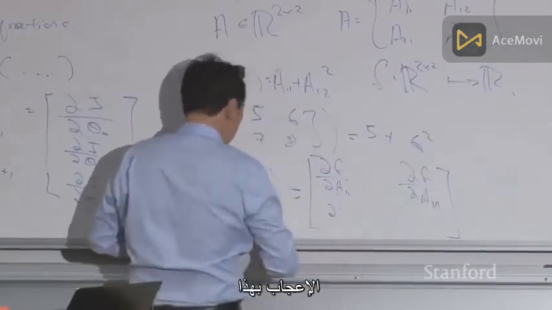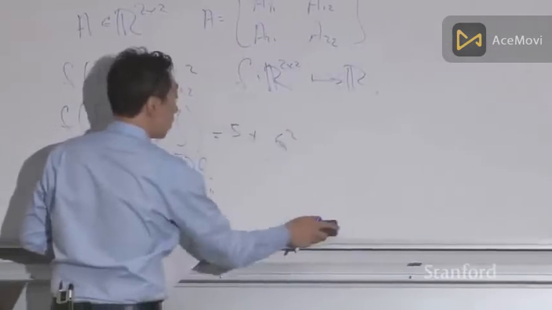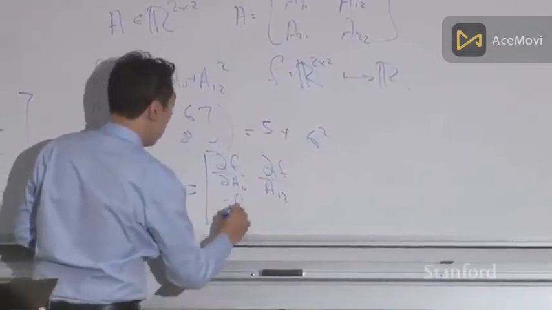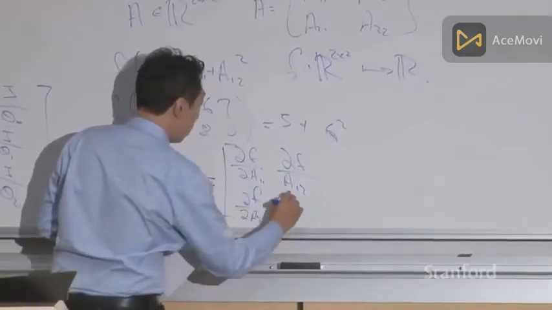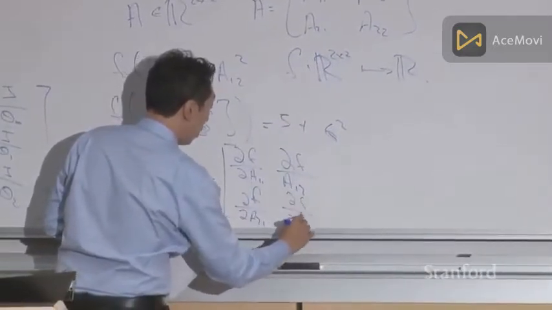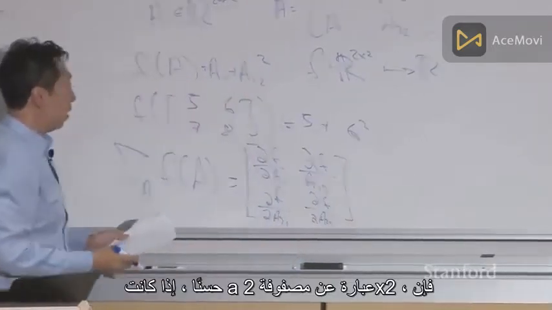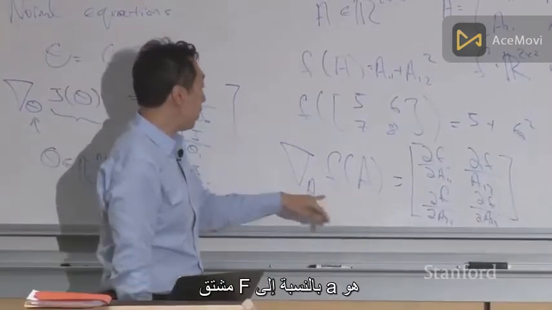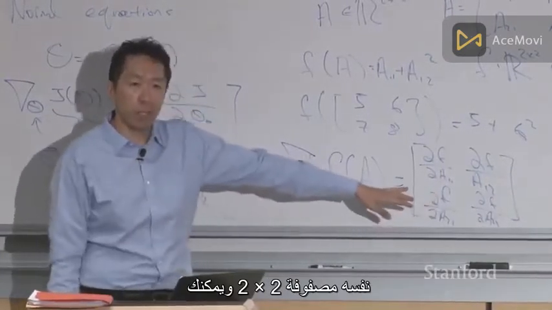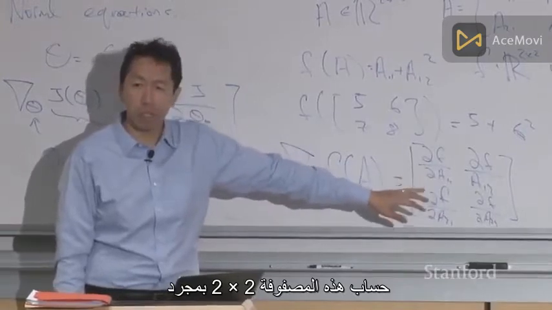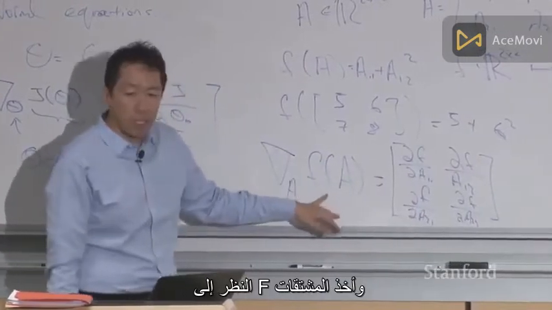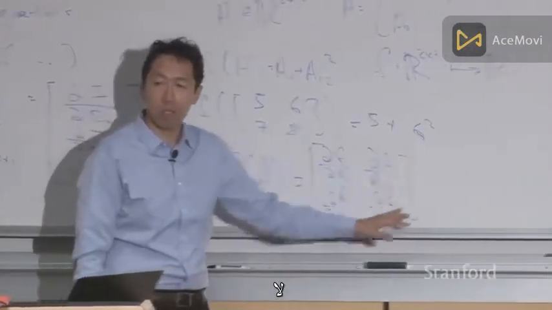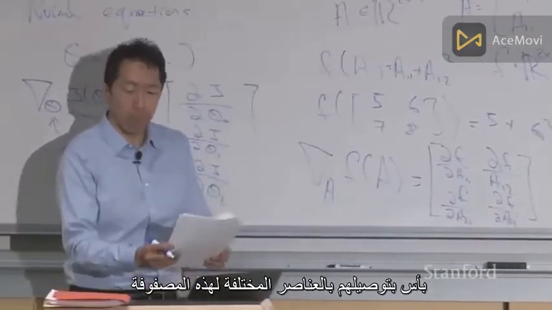Actually, let me just write it like this. If A was a 2 by 2 matrix, then the derivative of f of A with respect to A is itself a 2 by 2 matrix, and you compute it just by looking at f and taking derivatives with respect to the different elements and plugging them into the different elements of this matrix.